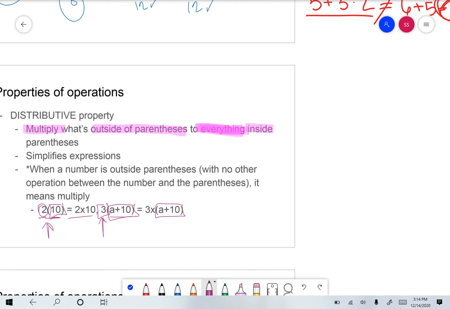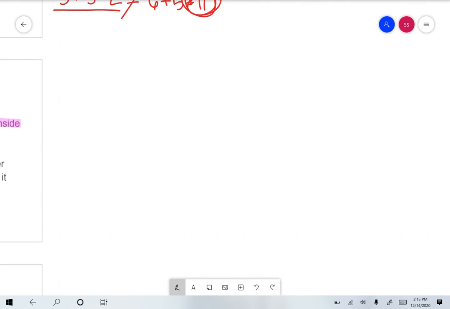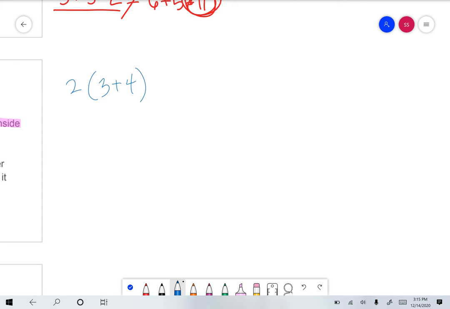Okay, so with distributive property, let's say that we have something like this: 2 times, remember that no operation there means multiply, so 2 times 3 plus 4, and the 3 plus 4 is grouped.